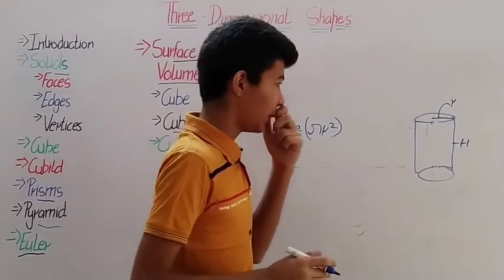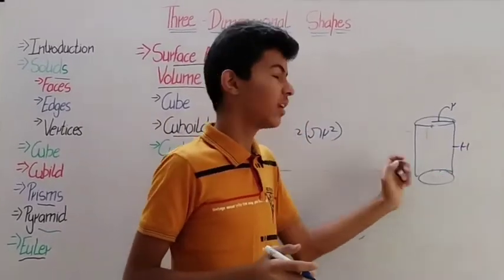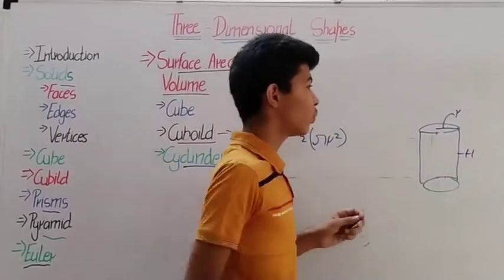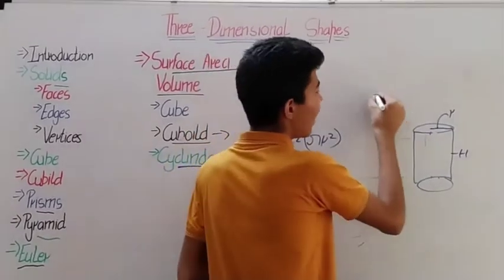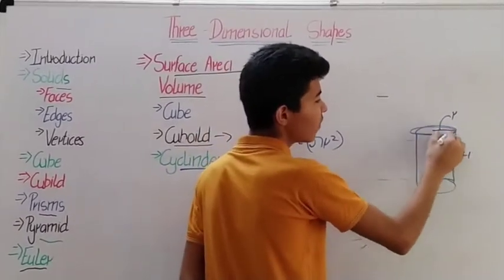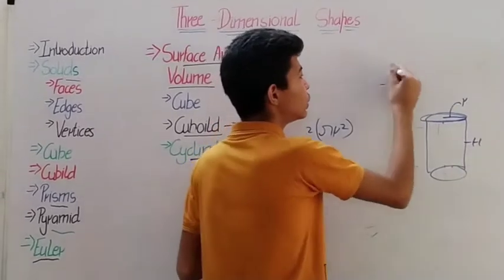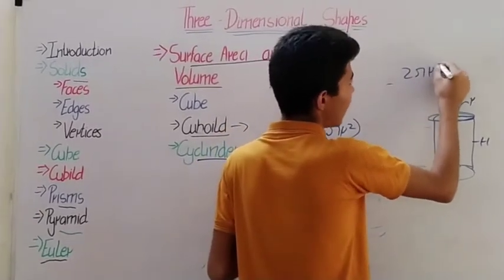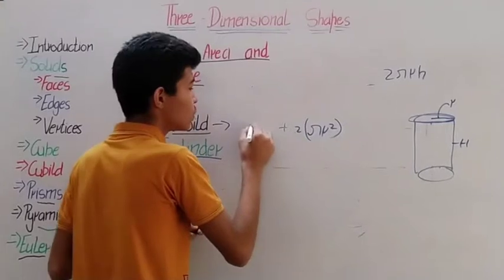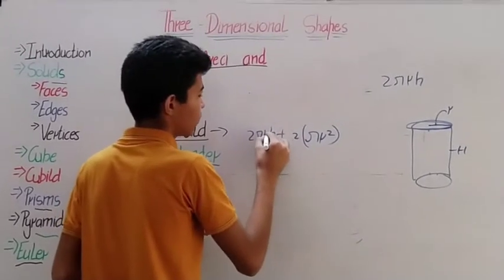And now to find the surface area of this rectangle, we find the circumference, that is 2 pi R, multiplied by H. So this is 2 pi R H.